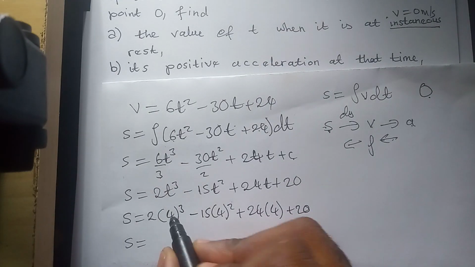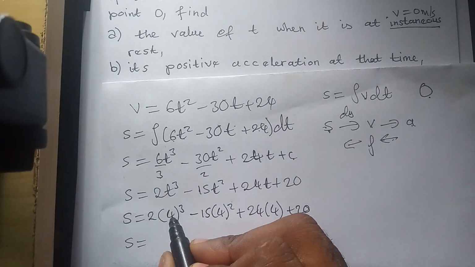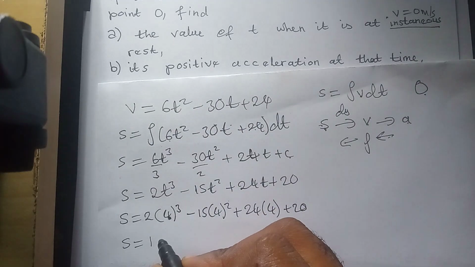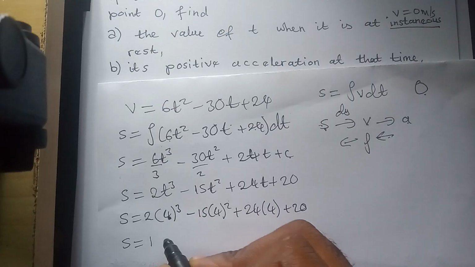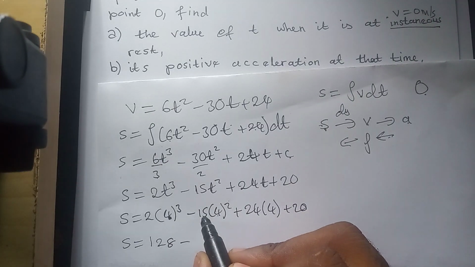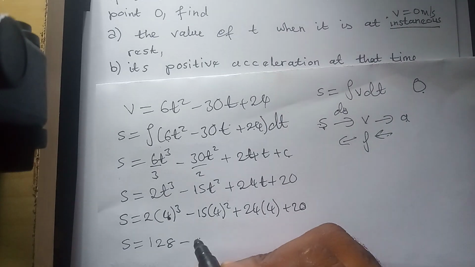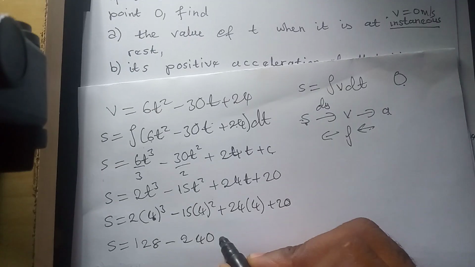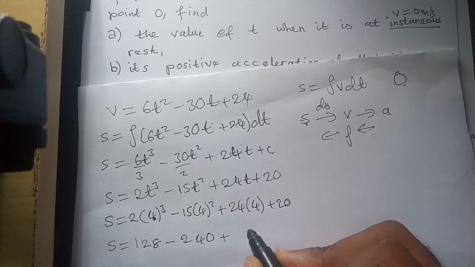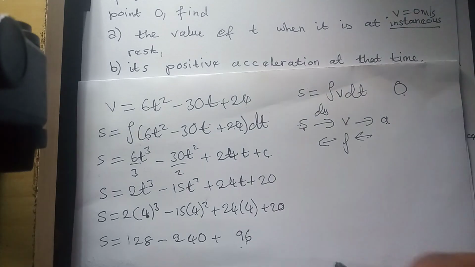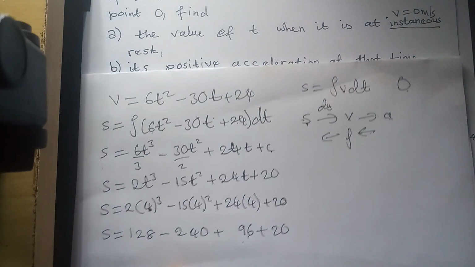So 4 to the power 3 is 64, times 2, that's 128. And then 4 squared is 16, times 15 is 240. And then 24 times 4 is 96. And then plus 20.